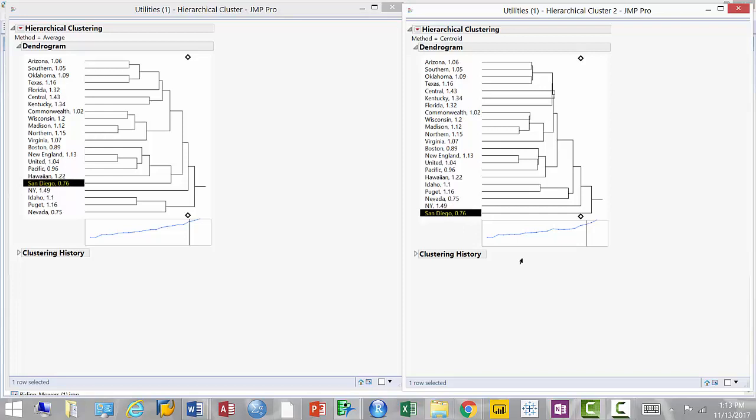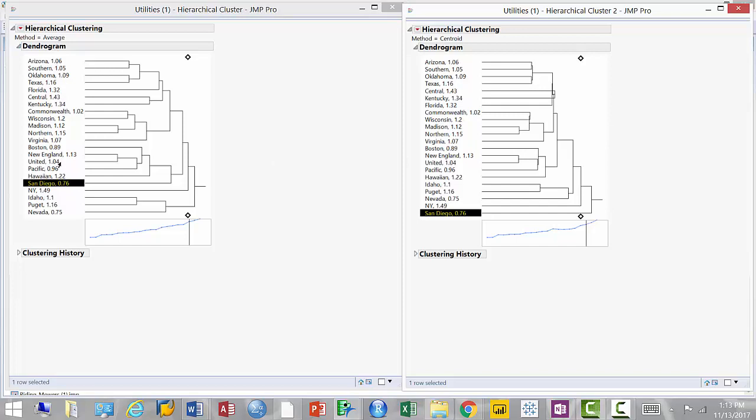What's that? San Diego, right? So up until the very end, the San Diego utility power company stands by itself. All other points join together, but San Diego joins the game last. So it stands out by itself up until the very end.